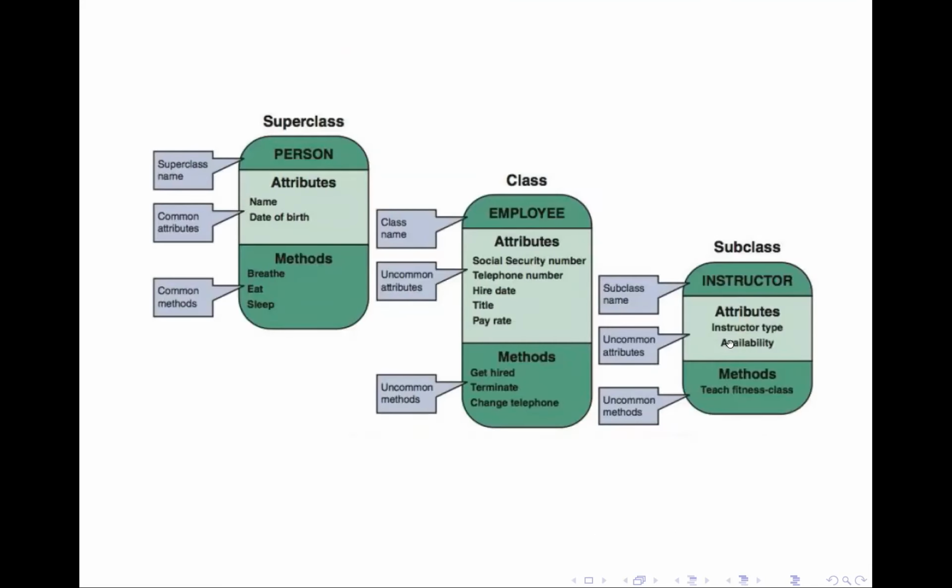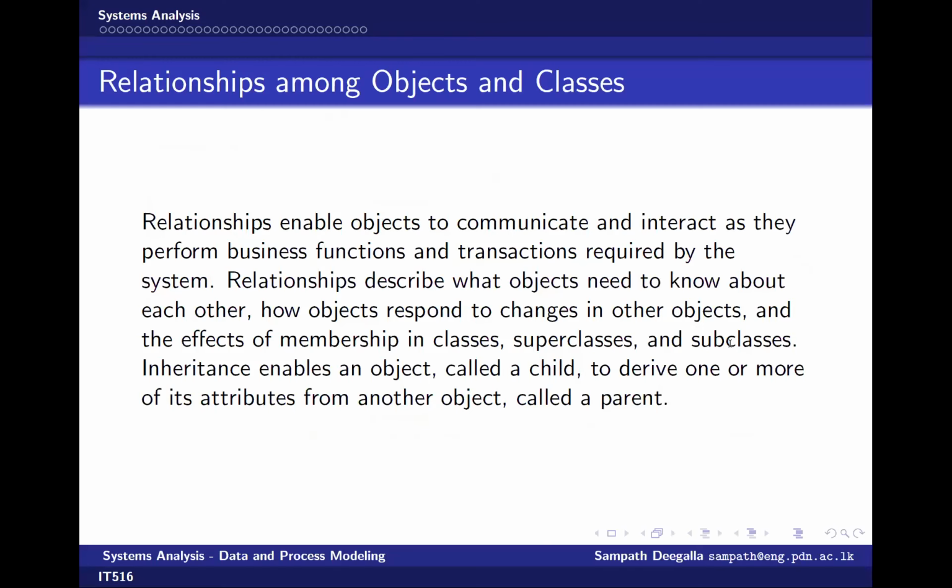In some cases you can have more generalization for a class. We call these superclasses. For example, if you take the class employee, the subclass could be instructor. And if you generalize more, then the superclass could be person.